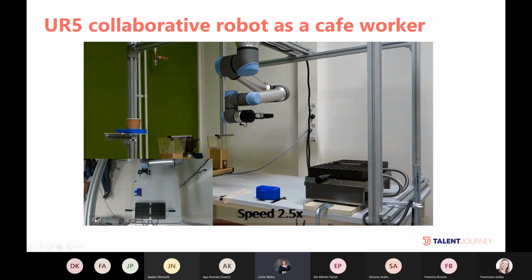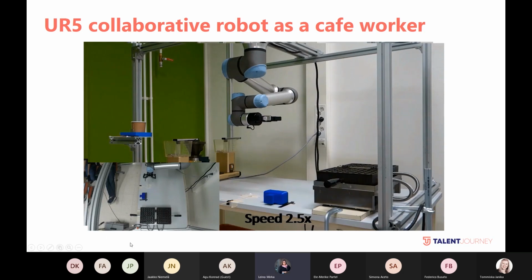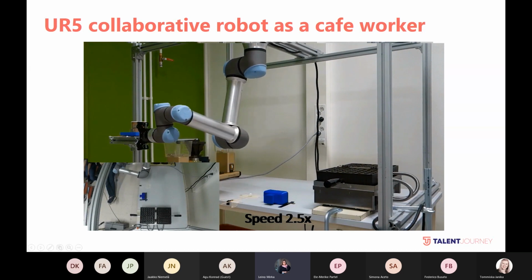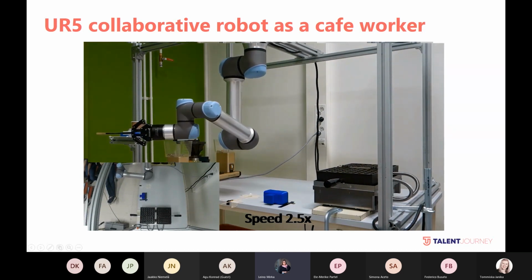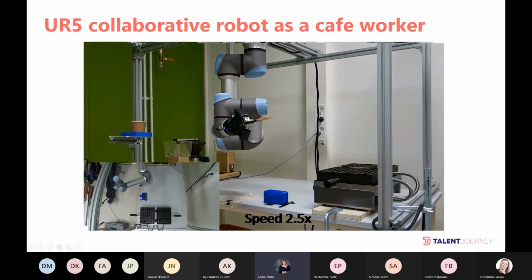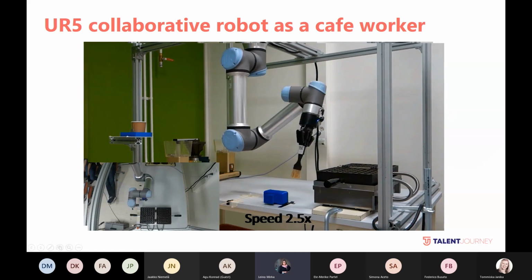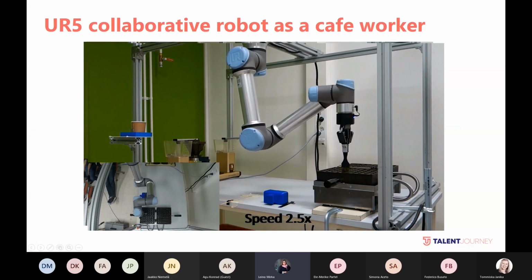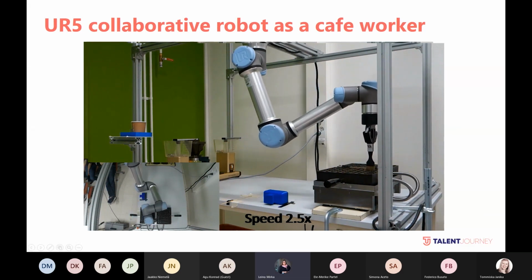But let's see, I can share a link to this also afterwards. I hope that you can see it. The video is made so that the robot's speed is 2.5 times as it really is, because these can't be done very quickly. Now it's oiling the waffle iron.